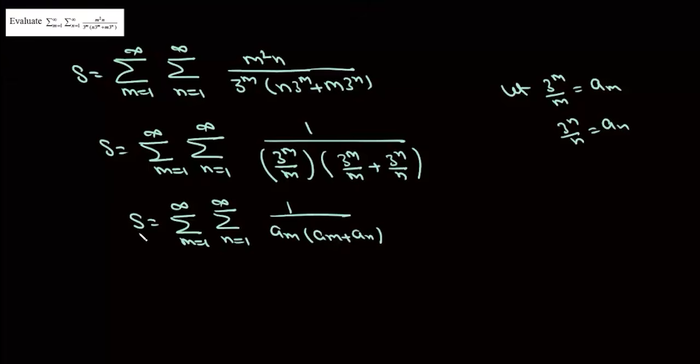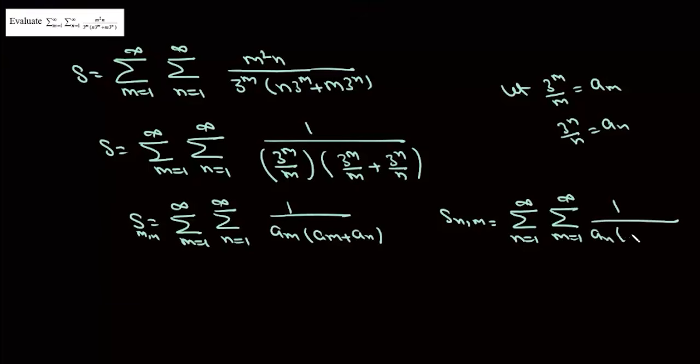Now basically we'll write this as smn. If we write snm, it will be this summation n varies from 1 to infinite, and summation m varies from 1 to infinite, and this is 1 upon (an plus am). Now we know that in summation, variables are just dummies. So basically this is s and this is also s.